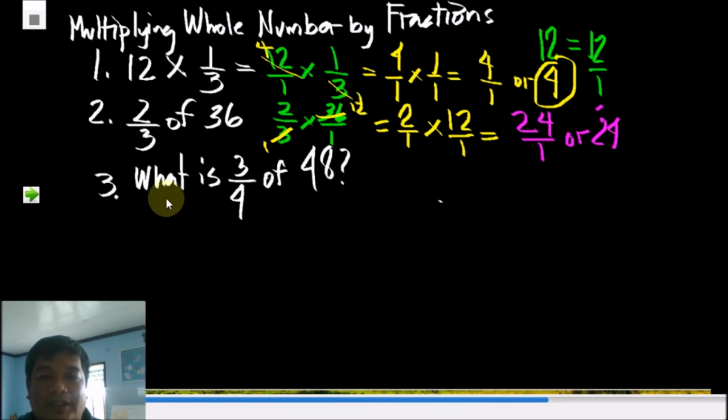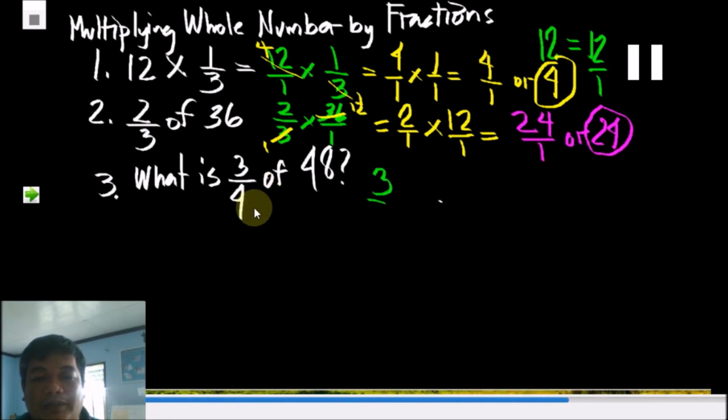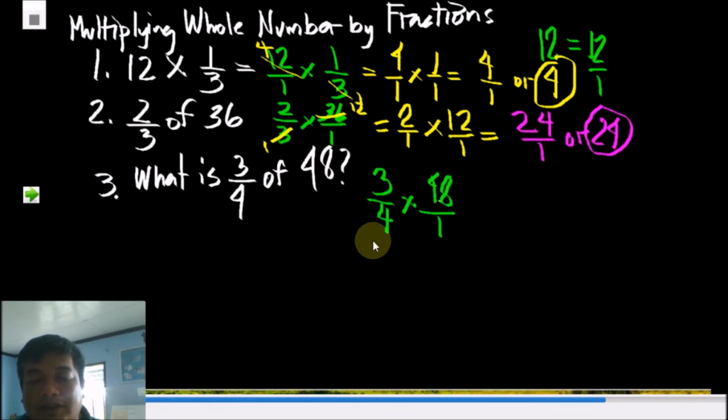Next, we have here, what is 3/4 of 48? So 3/4 times 48 over 1. So 48 over 1 is the fraction for 48. Again, after changing the whole number into a fraction, you must see to it that the numerator and denominator have a common factor, to perform what we call the cancellation process.